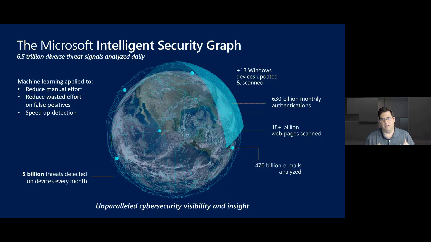You can see on this slide the visibility and insight: 6.5 trillion diverse threat signals analyzed daily through the intelligent security graph. This graph is made up of the Microsoft security professionals, their operations analysts, but also all of the machine learning pieces that go into it.